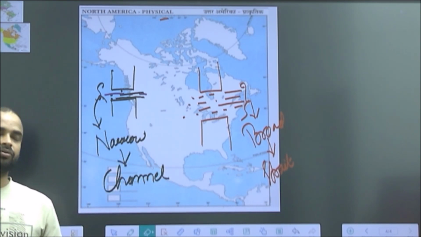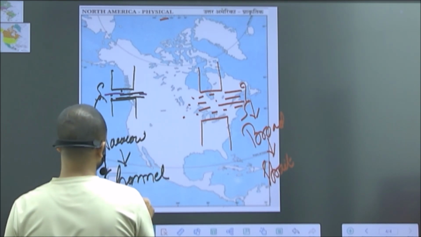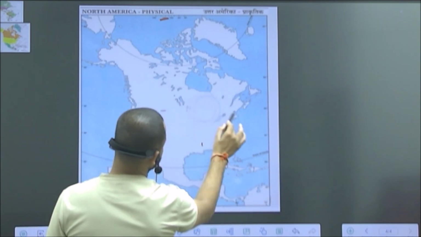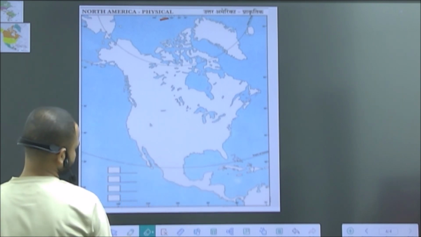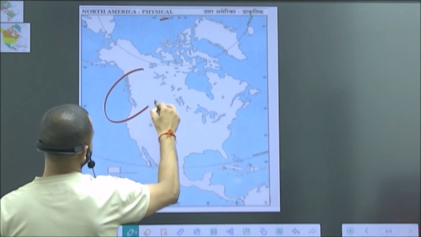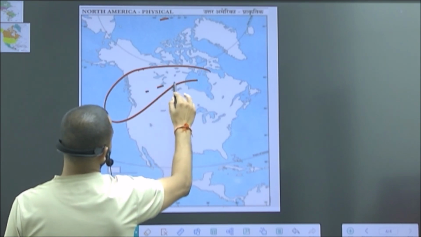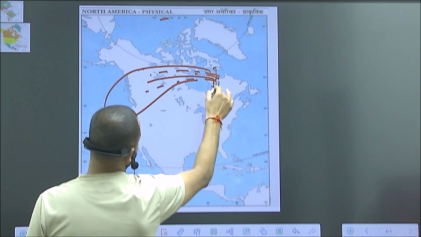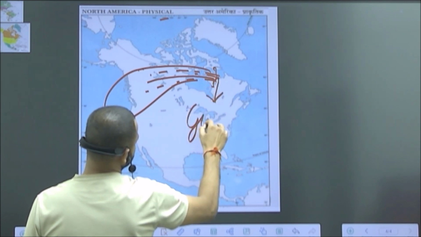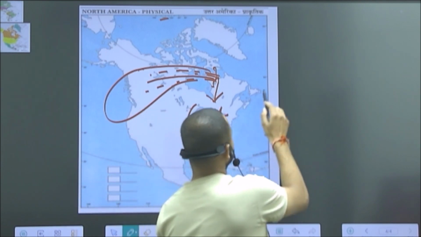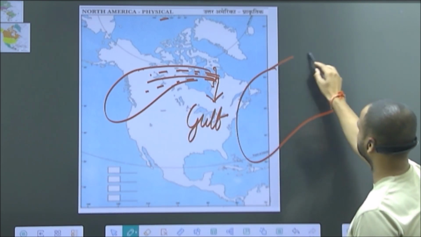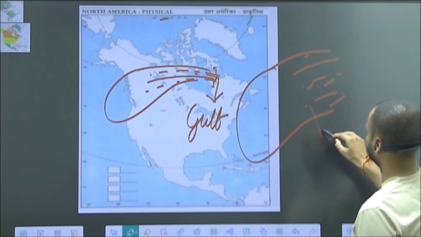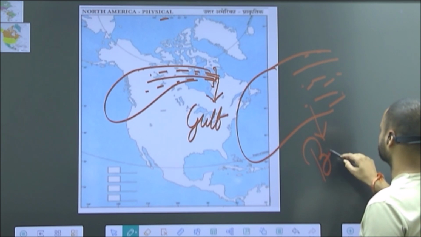When we talk about the difference between gulf and bay, if the water surface passes through a narrow area, it is called a gulf. If the water surface passes through a broad area, it is called a bay.